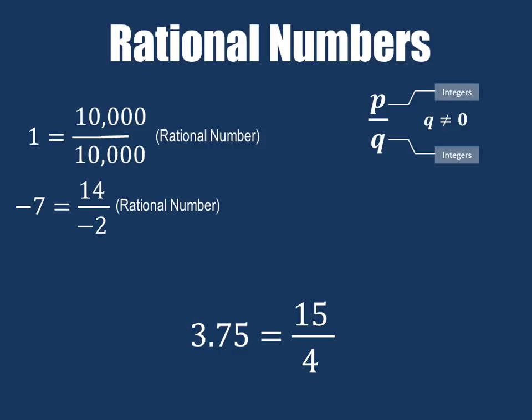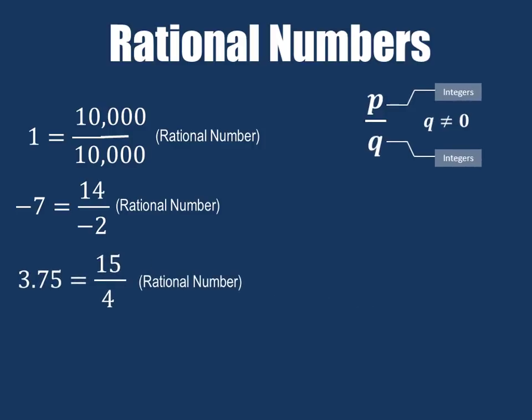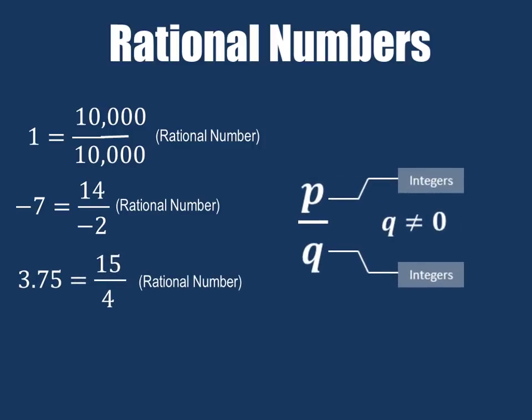Well, what does it mean? It means 3.75 is also a rational number. In general, any integer or decimal that can be expressed in form of two integers that are p and q, where q is not equal to 0, is a rational number.